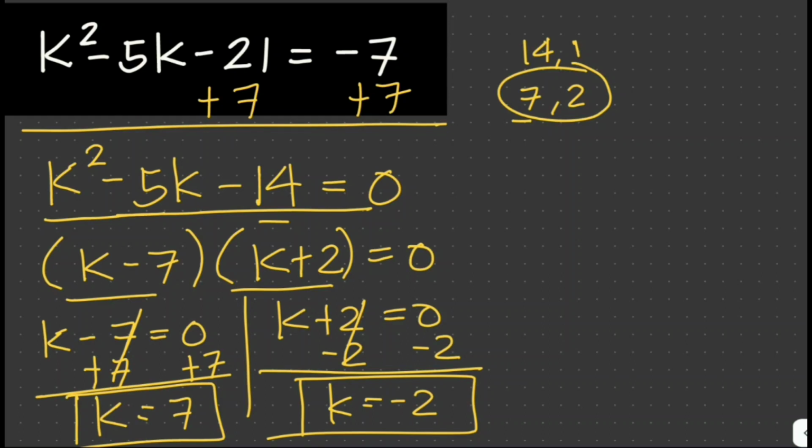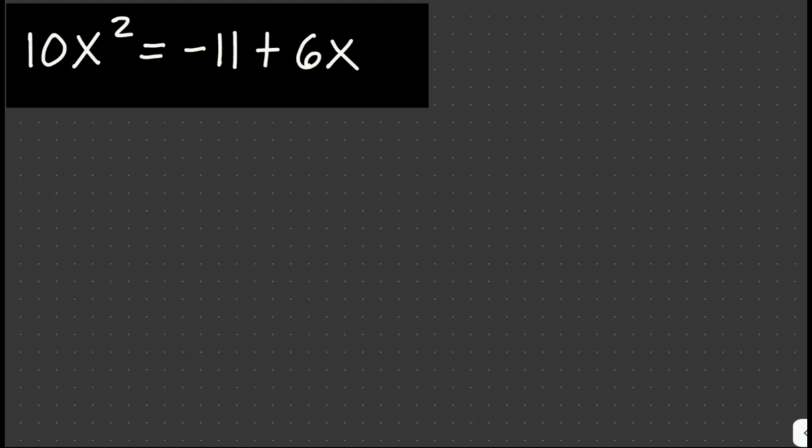Okay, let's solve another problem. We have here 10x squared equals negative 11 plus 6x. So we can put all of the terms to one side. Let's put them on the left. So this would be 10x squared.